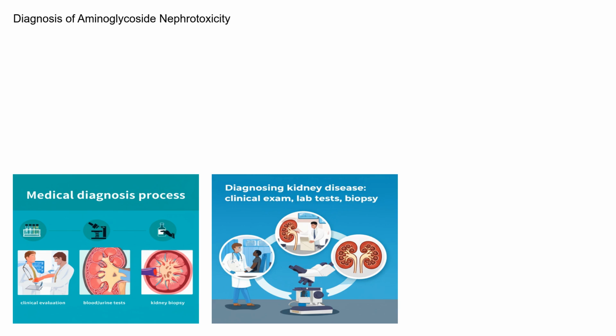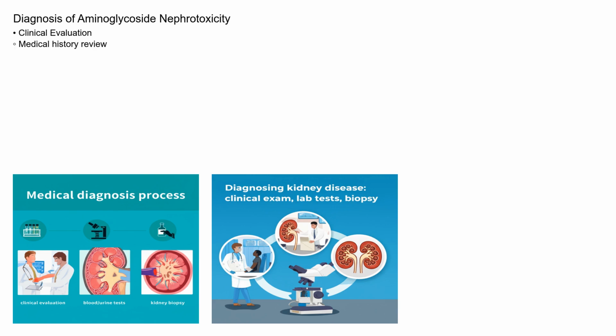Diagnosis of aminoglycoside nephrotoxicity typically involves a combination of clinical evaluation and laboratory testing. The doctor will first evaluate the patient's medical history, focusing on aminoglycoside use and any risk factors for kidney disease. Blood tests are crucial to measure serum creatinine and BUN levels, which are indicators of kidney function. A gradual increase in these levels during aminoglycoside therapy is a strong suggestion of nephrotoxicity.